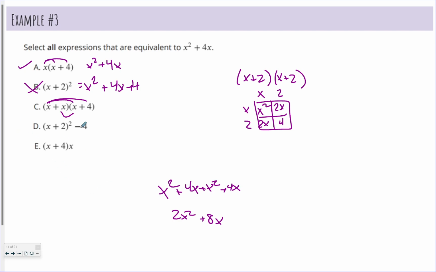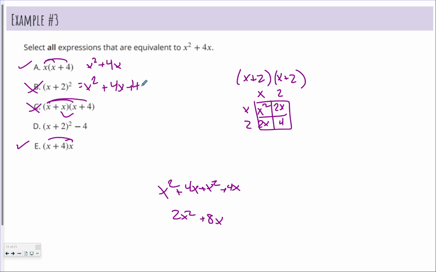Okay, anyway, so we know this one is not it. What about E? Let's jump to E for a second. E is the same as A, right? You can multiply, but whether you distribute this way or front ways doesn't matter. E works. What about D? Well, x plus 2 squared is the same thing as this, right?